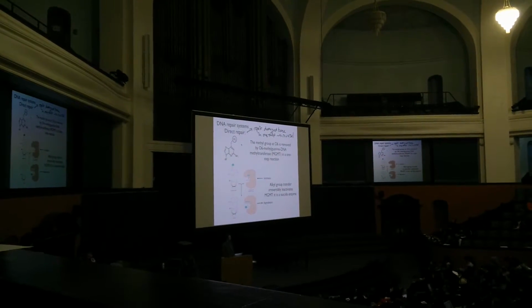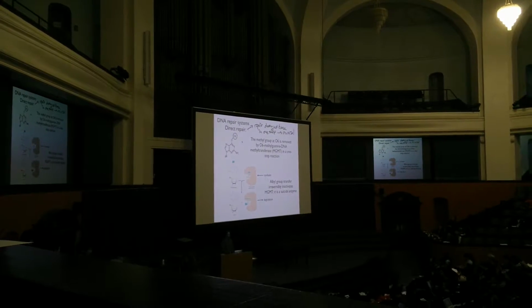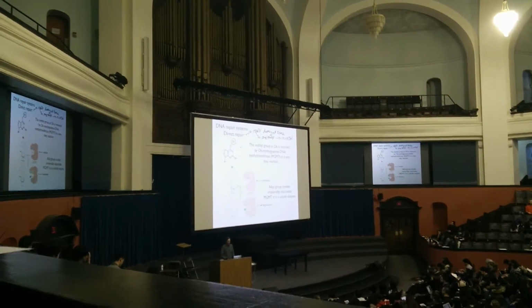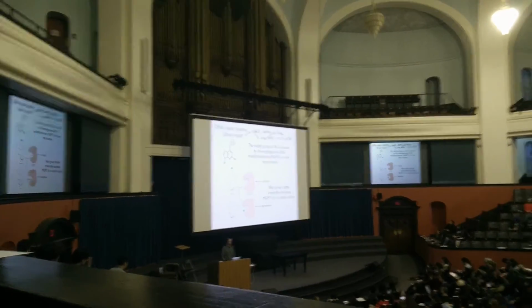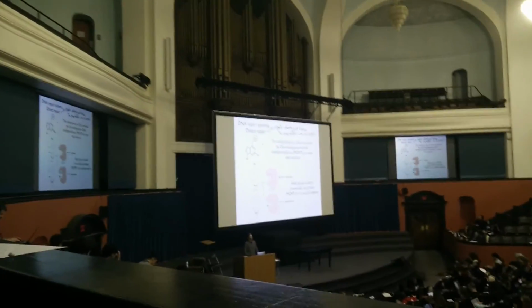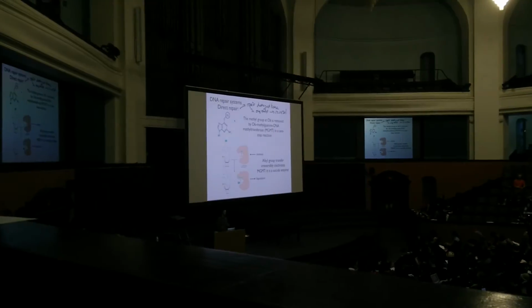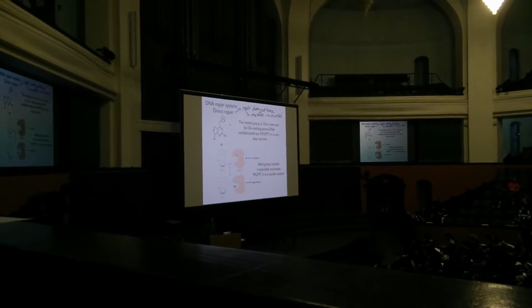You also can only repair things that you've seen a lot before. So a novel kind of adduct, say DuPont decides to make some new alkylating agent that leaves some new bulky adduct that a cell's never seen before. It's obviously not going to have an enzyme already in hand to direct the repair.